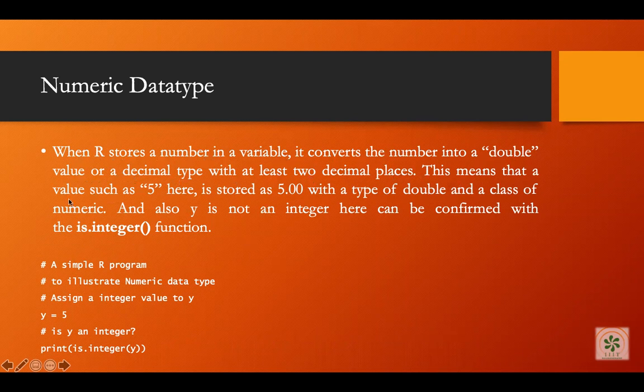This means that a value such as 5 here is stored as 5.00 with a type of double and a class of numeric, and that y is not an integer can be confirmed with the is.integer function. There is a function called is.integer which asks the variable whether it is an integer or not.